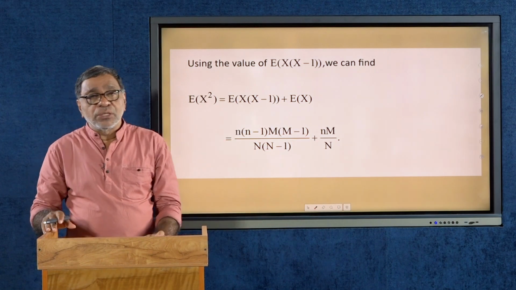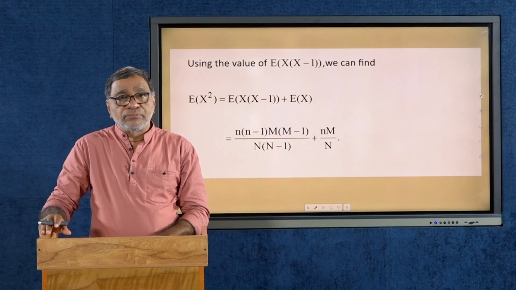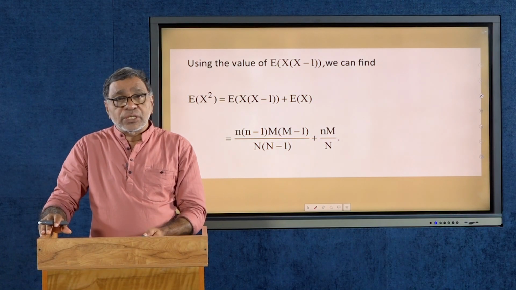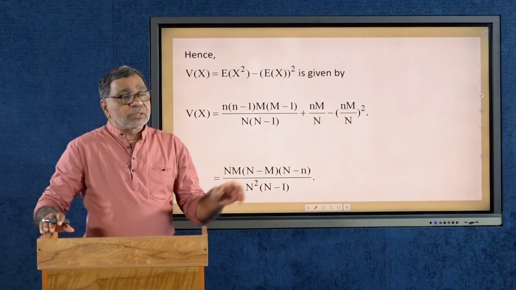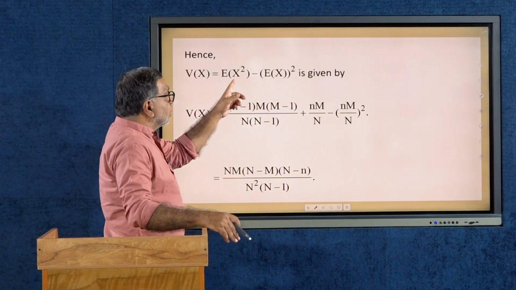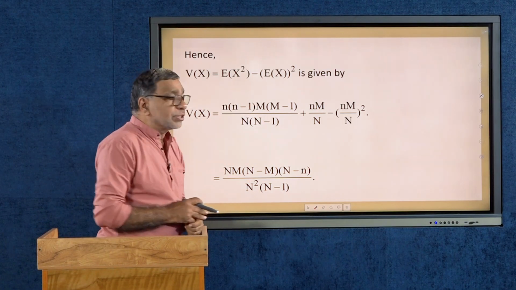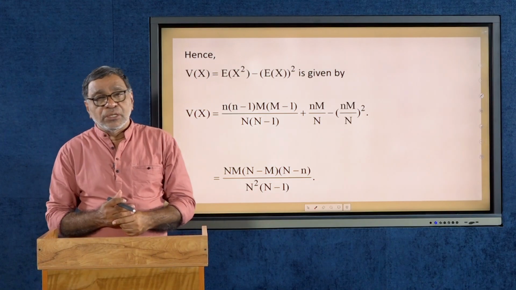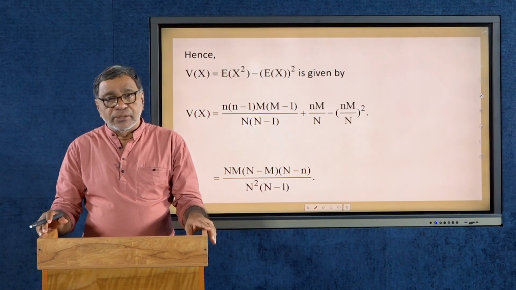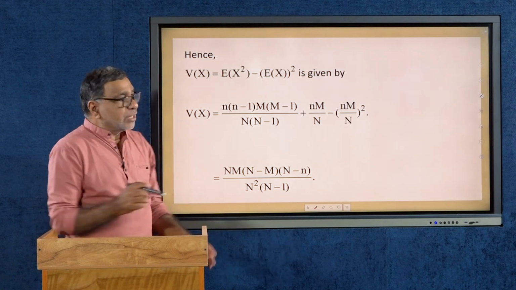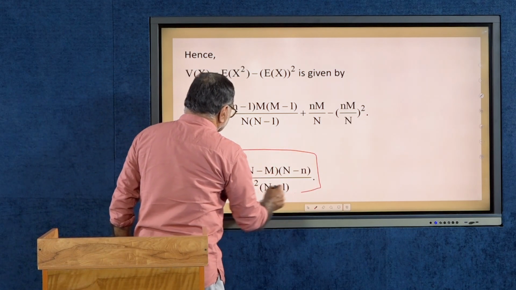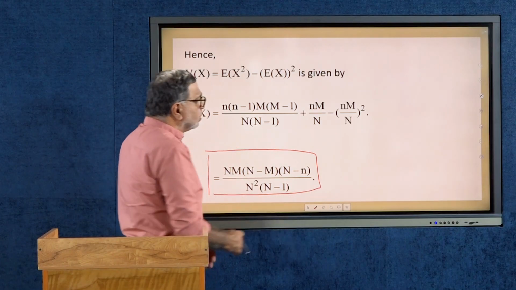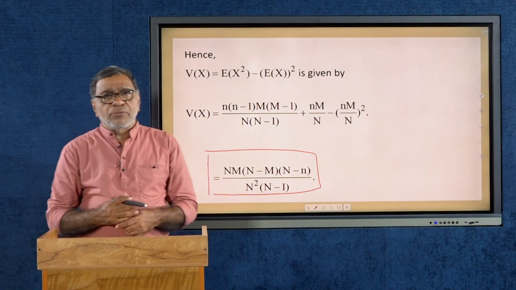So that gives our expectation of x square, and based on this we can find the variance, that is variance of x is equal to expectation of x square minus expectation of x the whole square, and substitute all the quantities here, and simplifying, the expression for the variance is this one. These are only simple algebra we are using, nothing complicated.